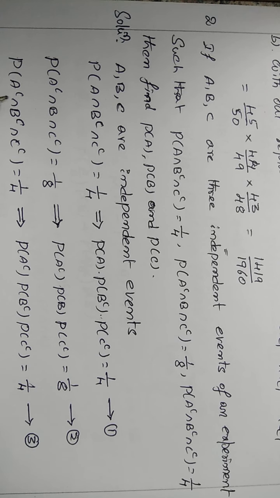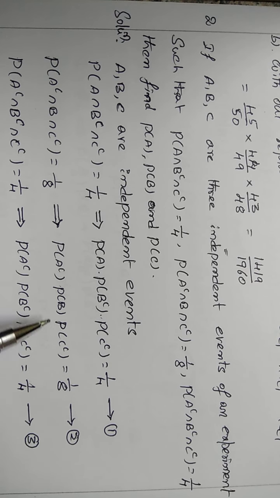Third one, P of A complement intersection B complement intersection C complement is equal to 1 by 4. That implies P of A complement into P of B complement into P of C complement is equal to 1 by 4. Equation number 3.